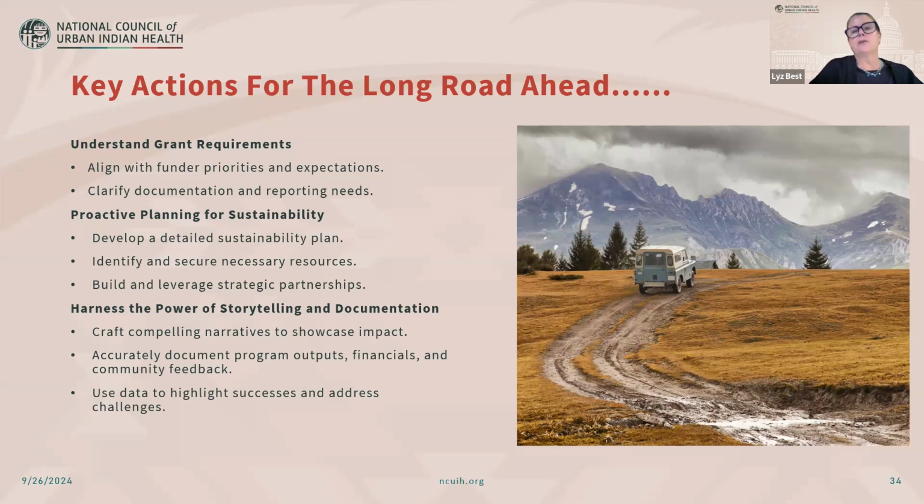Key takeaways include the importance of early and proactive planning, engaging with your community, building strong partnerships, and effectively communicating your successes. We also talked about integrating storytelling into your grant writing and evaluation, and ensuring through documentation, you'll be well equipped to demonstrate your program's impact and secure ongoing support for your organization and its programming.